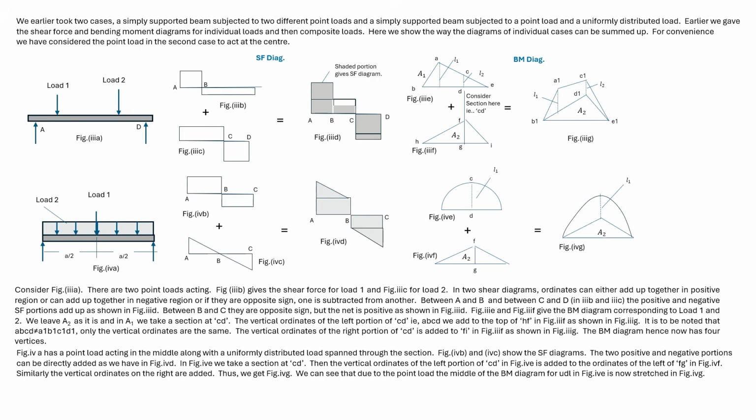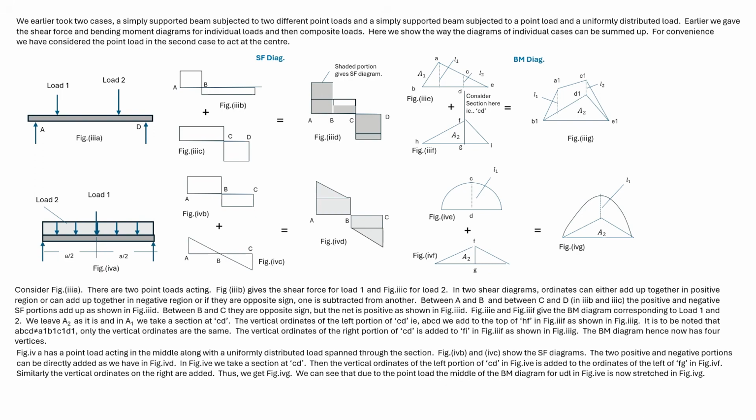When there is a positive shear force or bending moment for one load and a negative shear force or bending moment for another load for the same beam portion, then there can be alternate shape configurations.